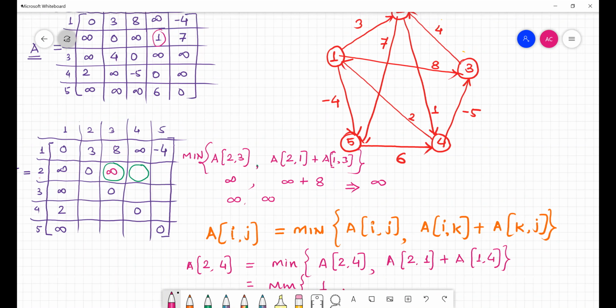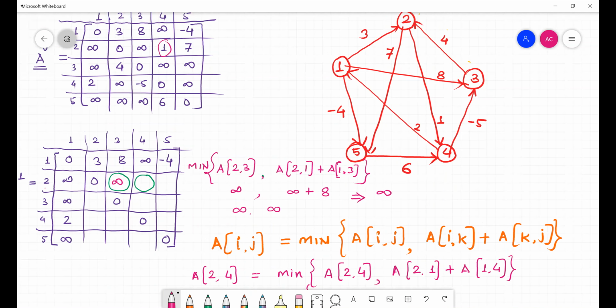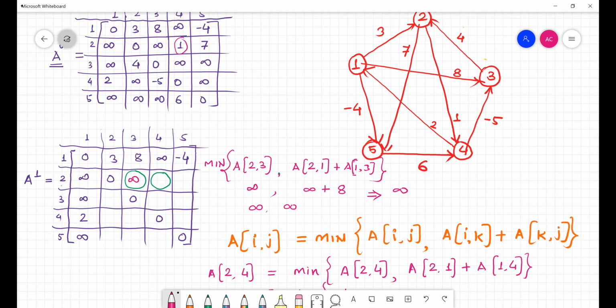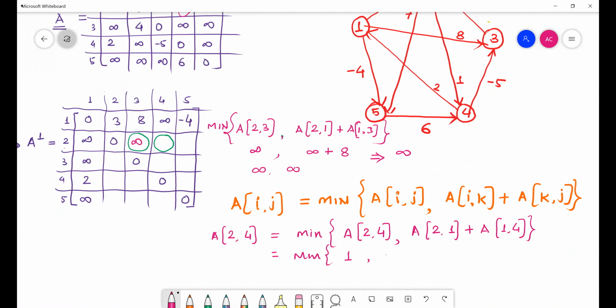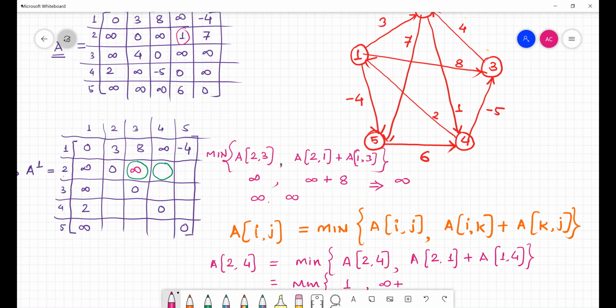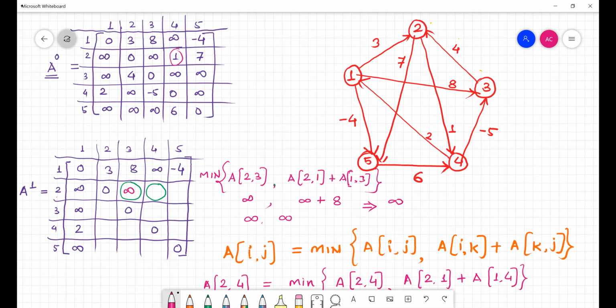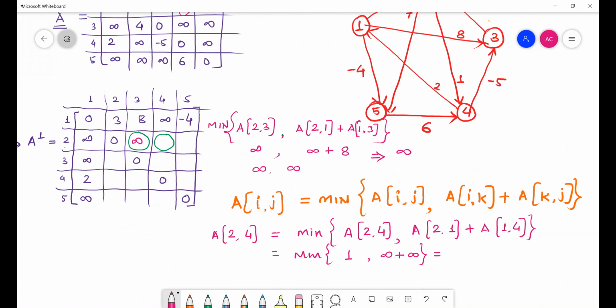Just see that matrix A0. 2 to 1 is infinite, plus 1 to 4 is also infinite. So what is the minimum of the two? 1. So if I want to go from 2 to 4 via 1, the minimum cost is 1. So I will fill this with 1.